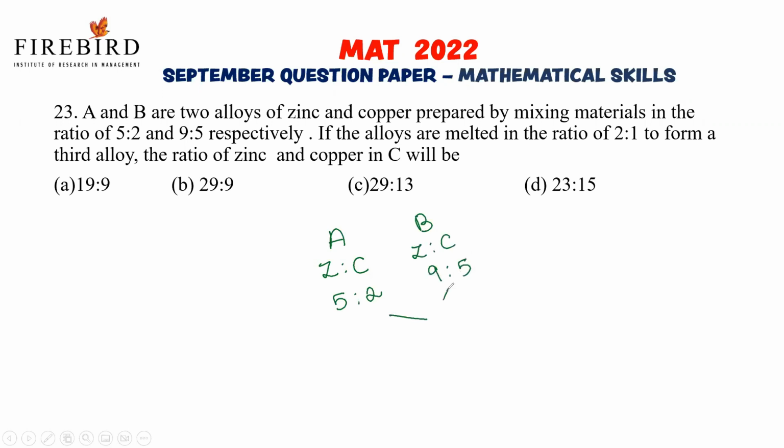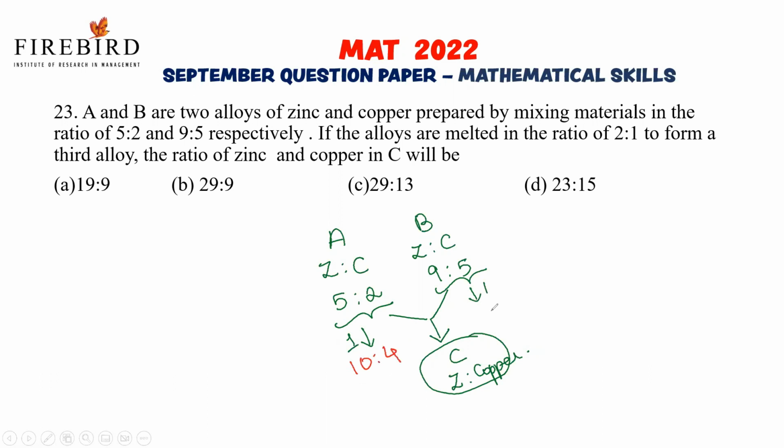If the alloys are melted, I'm going to melt both the alloys in the ratio 2 is to 1 to form a third alloy. They're asking what is the ratio of the third alloy C. It is also made up of zinc and copper. I'm mixing in the ratio 2 is to 1, that is, I'm taking 2 parts from A and 1 part from B. If I take 2 parts from A, the value will become 10 is to 4.